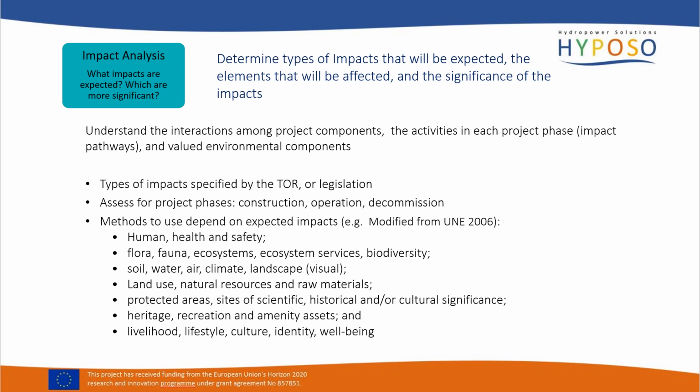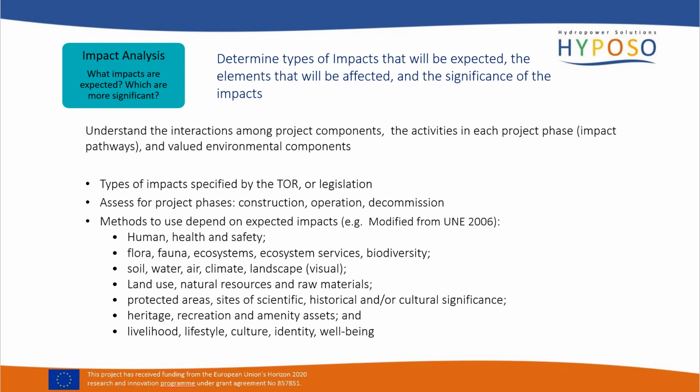A key activity or skill to have during the impact analysis is to understand these interactions that happen among the different parts of the environment, let's say people and the environment, or wildlife and their environment, and then decide how those interactions might be changed by the project.